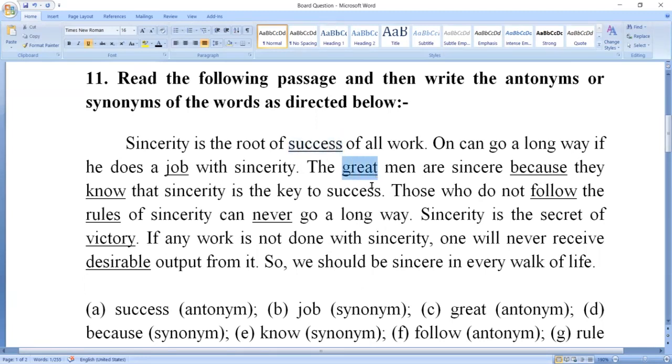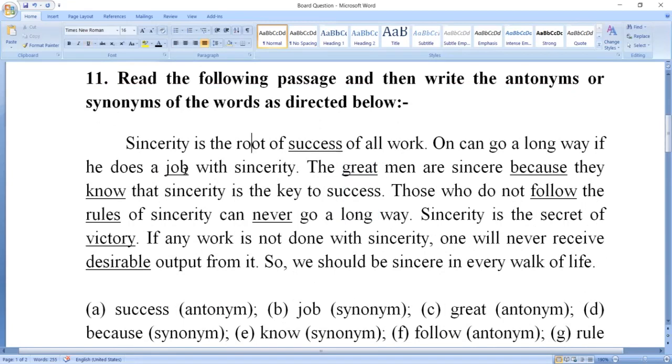Just write the answers, either the antonym or the synonym which you have been told to write. So dear students, let's read the text first and understand what the text says.